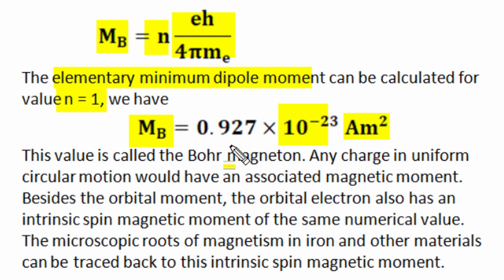So this 0.927 times 10 to the power minus 23 ampere meter square is the minimum possible magnetic dipole moment of our world, and it is called the Bohr magneton, and all other magnetic dipole effects are produced by summation or integration of these elementary magnetic dipole moments.